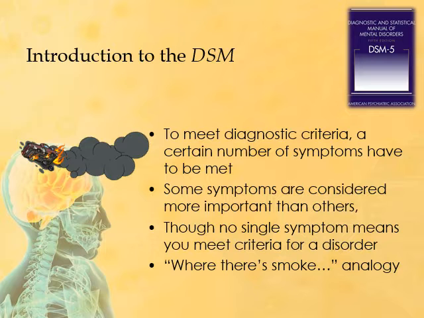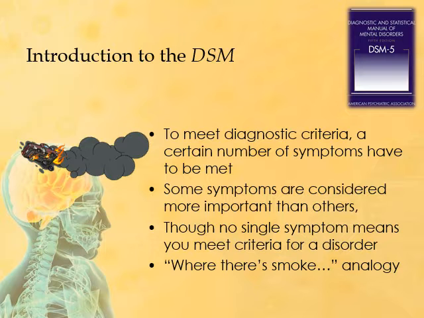These symptoms are important, but there is no single symptom that is going to meet full criteria for a disorder, meaning even with schizophrenia, if you just have hallucinations and none of the other criteria for schizophrenia, you can't be fully diagnosed with that disorder. You have to meet all of the conditions, the criteria for that disorder, not just the one symptom.